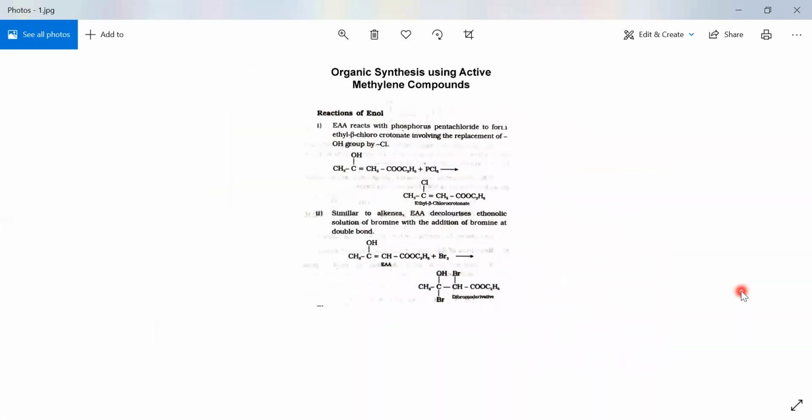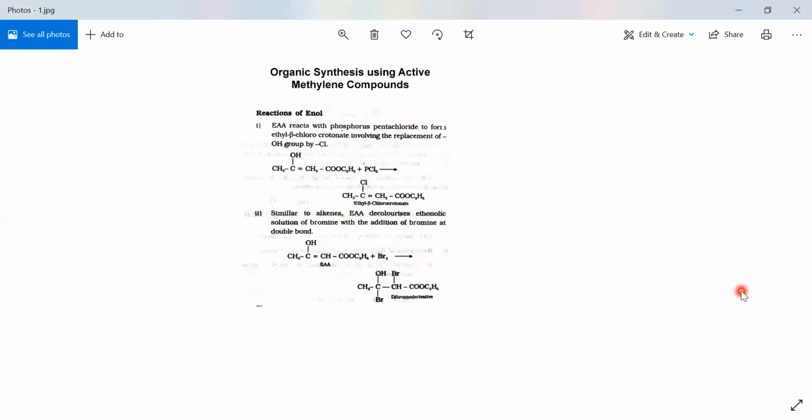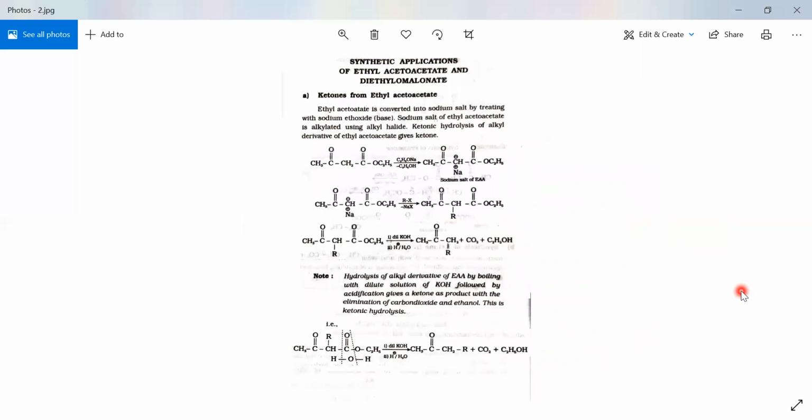Now, with this, we have studied the reactions due to the keto group and the enol form of ethyl acetoacetate. Next, we are studying the synthetic applications of ethyl acetoacetate.